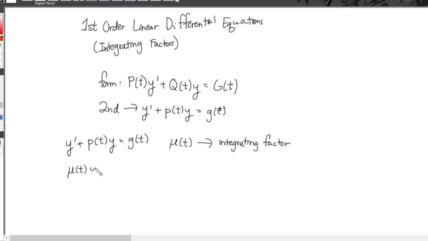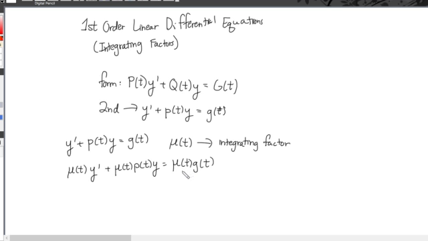Okay, so now let's multiply this entire equation by mu of t. And if we do that, we get mu of t times y prime plus mu of t times p of t times y, and that is simply mu of t times g of t. Okay, great.